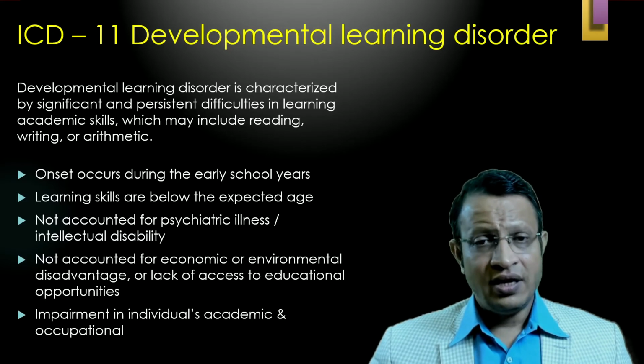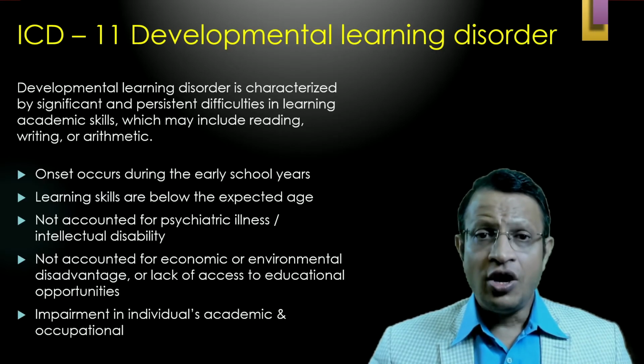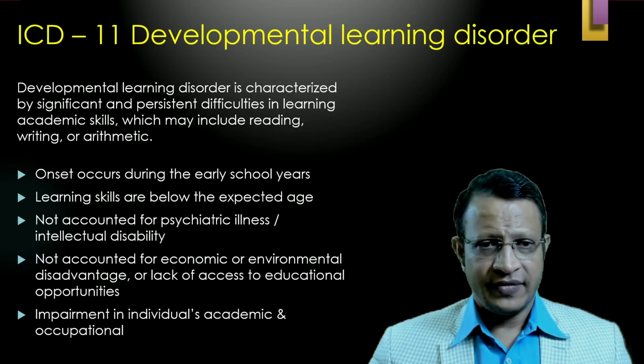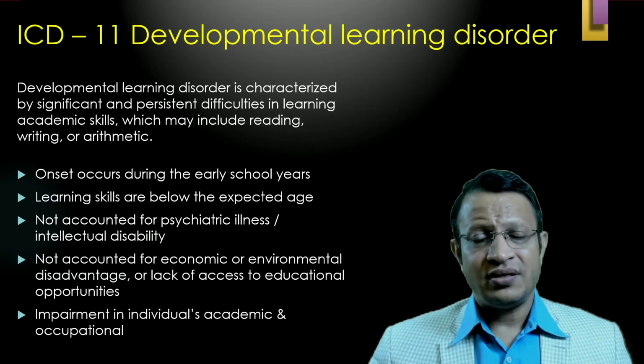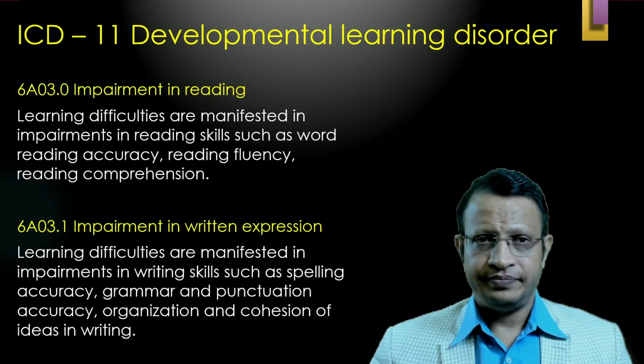Further, this academic decline should not be accounted for economic or environmental disadvantage or lack of access to educational opportunities. Further, impairment should be there in individuals' academic domain and also occupational domain.